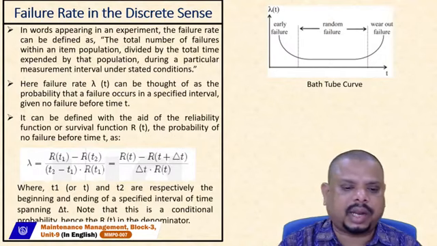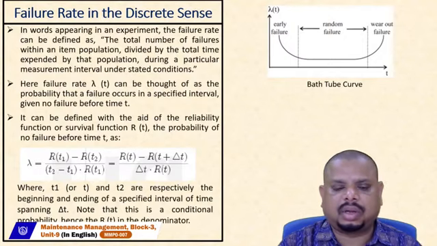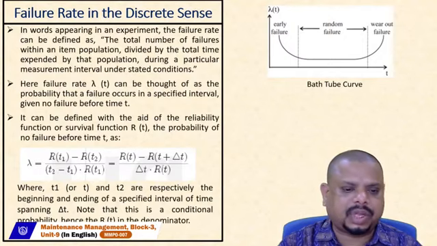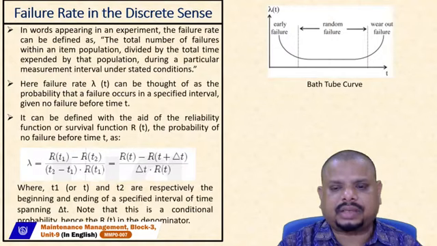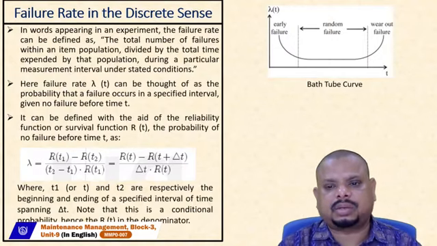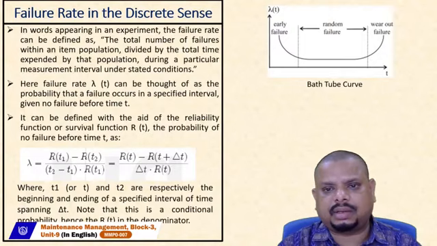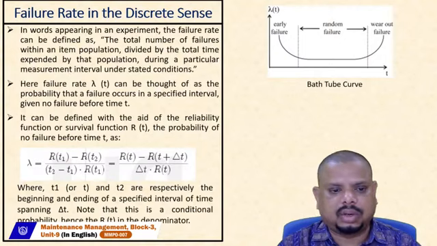And here you have to note that this is a conditional probability, hence R(t) is in the denominator. So let's take the example of the same bathtub curve. Here three parameters are there, known as early failures, random failures and wear out failures.